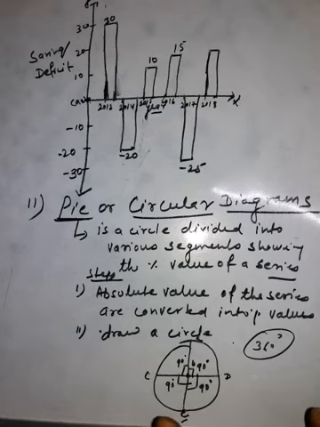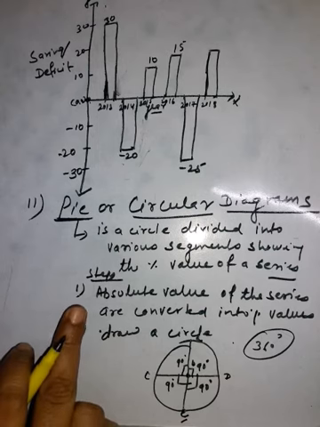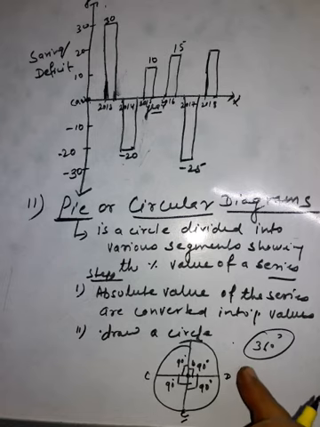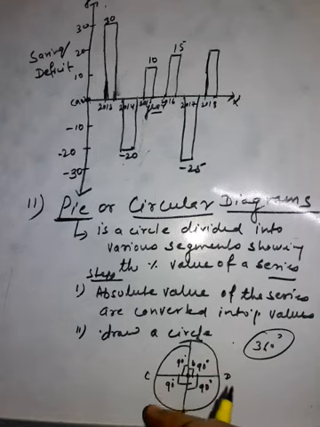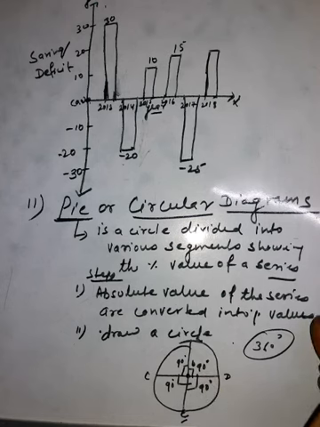First, convert the data into percentage values. Then divide the circle into different angles, and whatever percentage value we get will be converted into degrees.